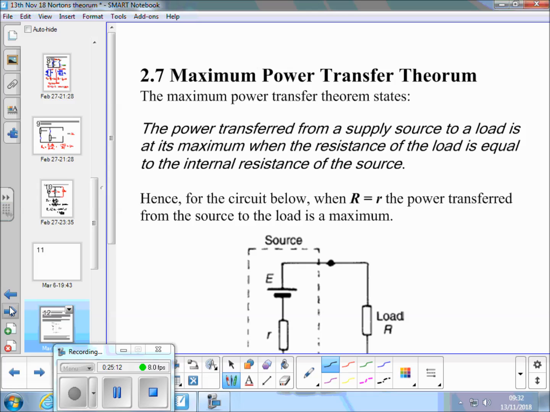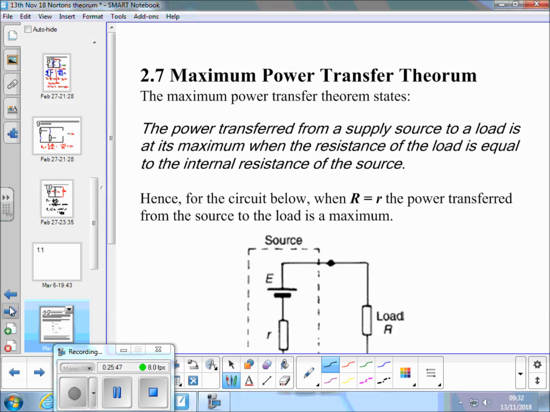In your notes, next thing we've got, I already touched on this anyway, is the maximum power transfer theorem. I also touched on it with your filters and attenuators, in that you designed with a specific termination resistance so that you match to your source and your load. Maximum power transfer theorem states that the power transferred from a supply source to a load is at its maximum when the resistance of the load is equal to the internal resistance of the source.